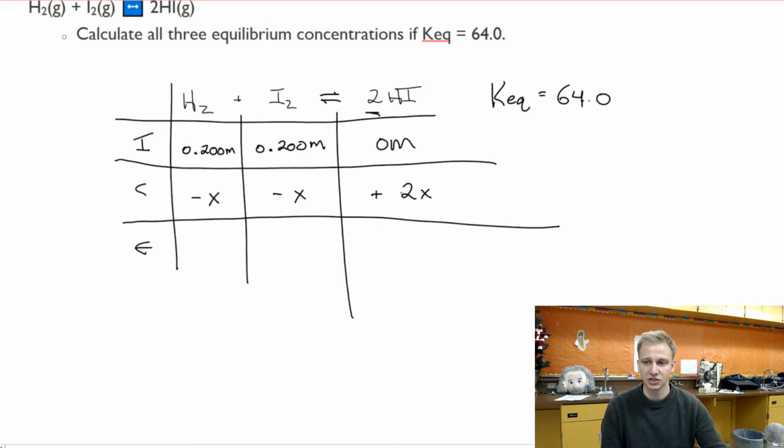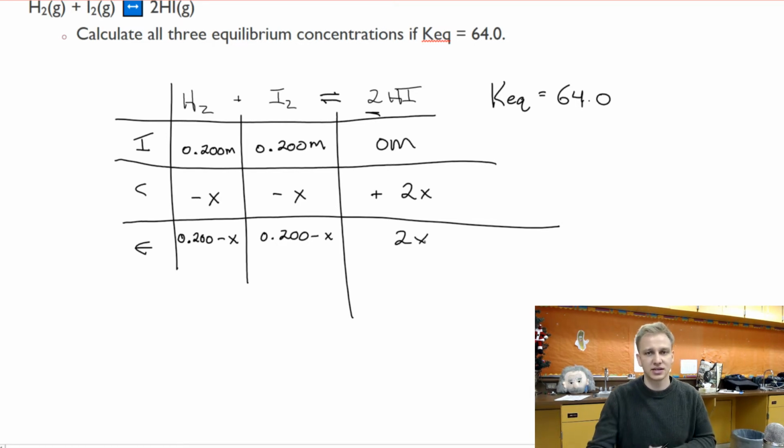And so what we can establish is the equilibrium concentration, but without all of the numbers. So we have 0.200 minus x, 0.200 minus x, and 0 plus 2x is simply 2x. So we have values at least assigned for our equilibrium stage here.